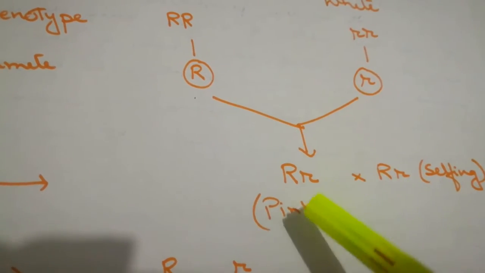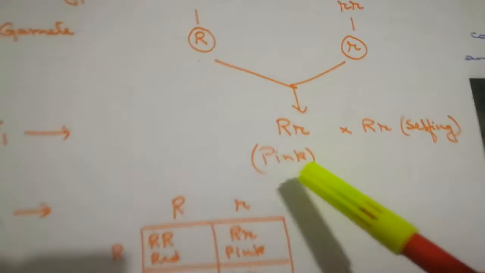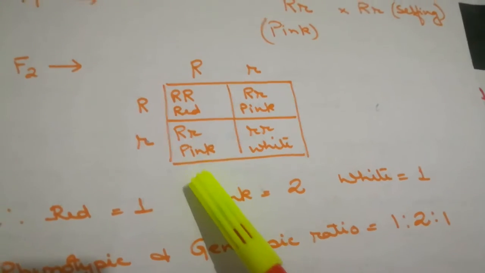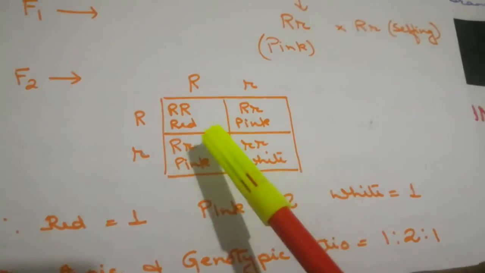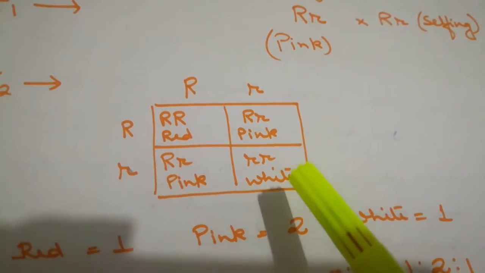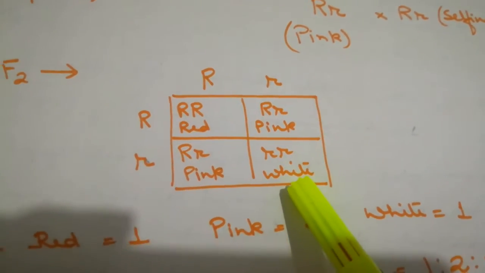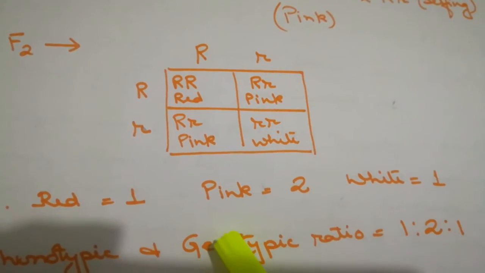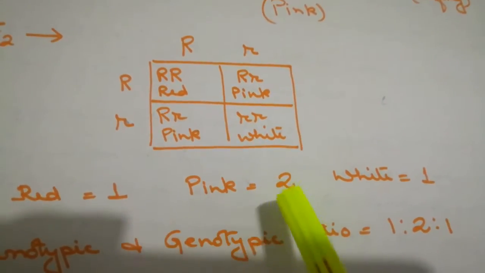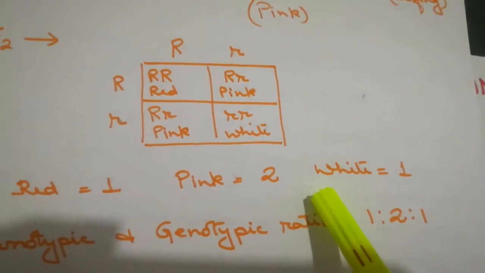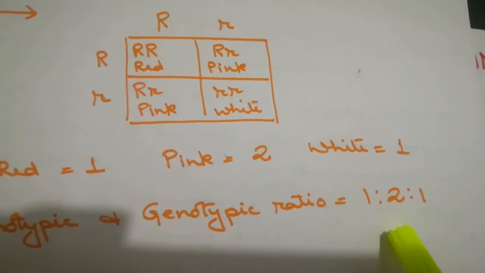Now when these are selfed, in the F2 generation, this is the Punnett square, we put the gametes, and in the Punnett square we find that in the F2 generation, one red flowered plant, two pink flowered plants and one white flowered plant are obtained. That is, the phenotypic ratio and the genotypic ratio obtained is 1:2:1. So the basic ratio for incomplete dominance is 1:2:1.